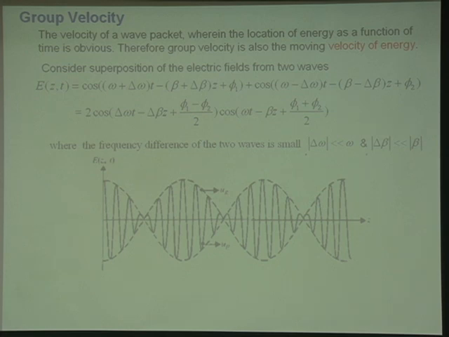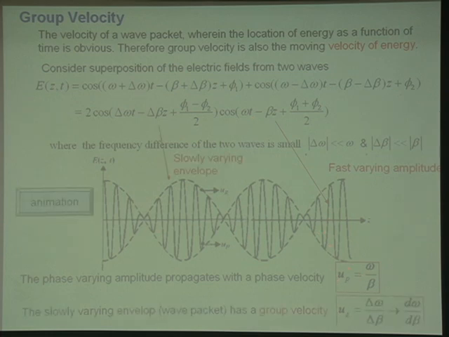Here we say the propagation of energy is related to this wave packet, which has a propagation speed. Inside the wave packet, the phase oscillating field goes with the omega minus beta z term. So there is a phase velocity associated with these phase oscillating components, equal to omega over beta.